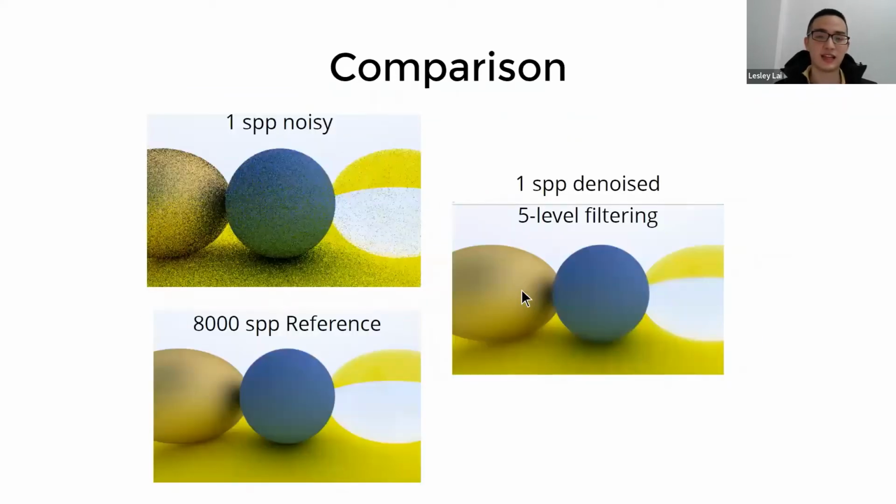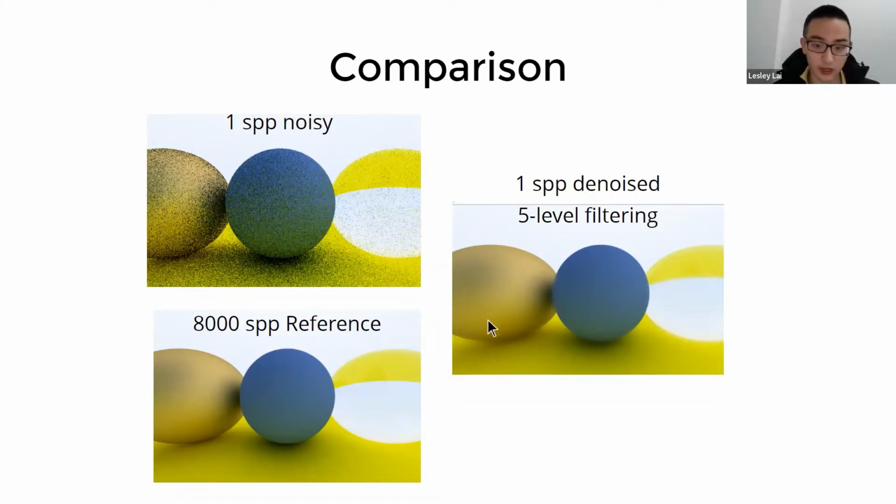As you can see, I applied it to my CUDA path tracer project, where the 1 sample per pixel noisy image is like that. And then if we apply the denoising, we get this pretty good result, even compared to the 8,000 sample per pixel reference.